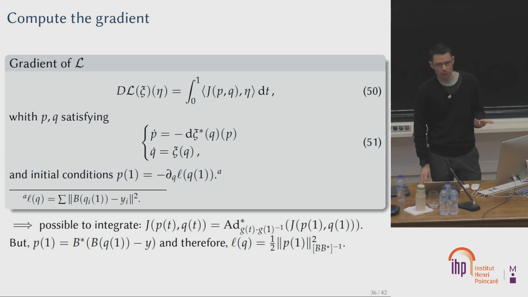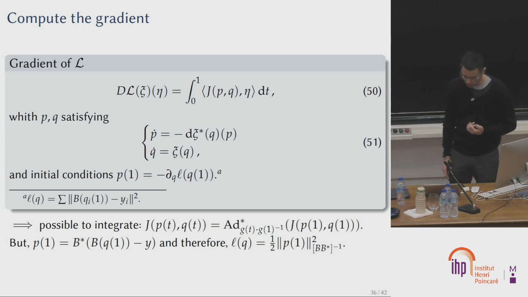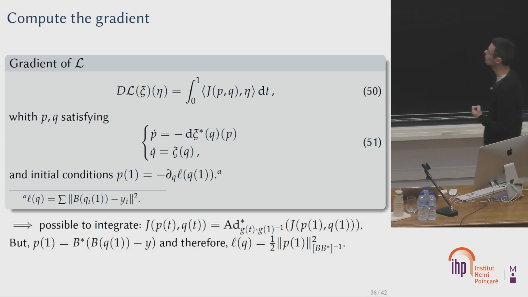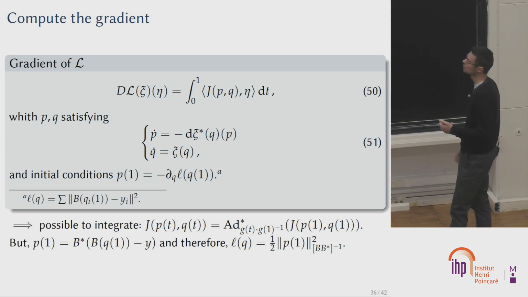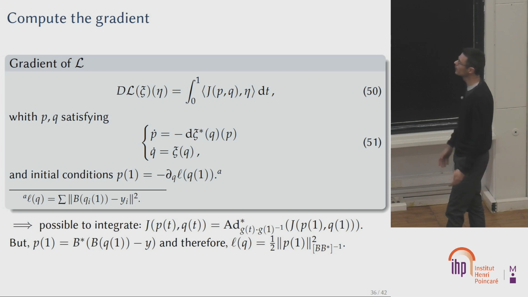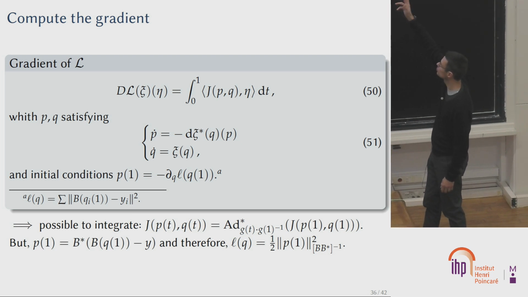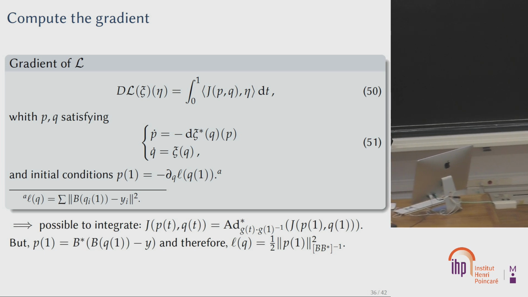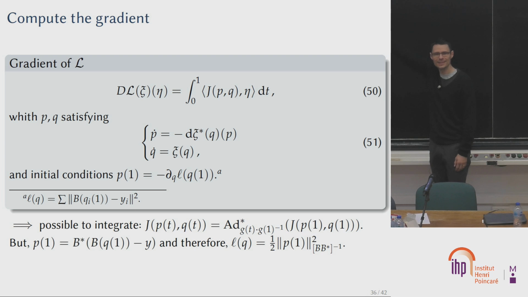Now, you use backpropagation to compute the gradient, or you can use adjoint equations. Because we want to get a Polyak-Lojasiewicz inequality, we need to compute the gradient to estimate the loss versus the gradient. When you look at P at time 1, which is the co-adjoint variable, with the adjoint variable of Q at time 1, it encodes essentially the loss, up to the composition by B star.